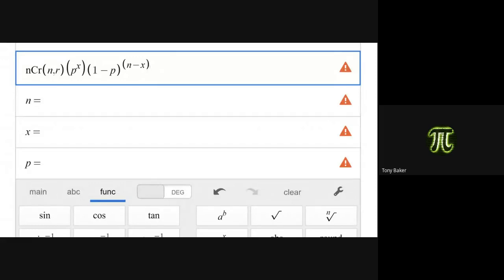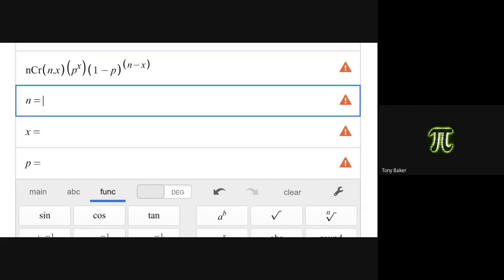NCR, N comma, sorry, they used X, N comma X. And then it's P to the X, 1 minus P, N minus X. Okay. So this right here, you're telling you how many choices out of that you're going to have. The P to the X is the probability times how many successes you want. 1 minus P is going to be the probability of failure and how many failures you're going to have.